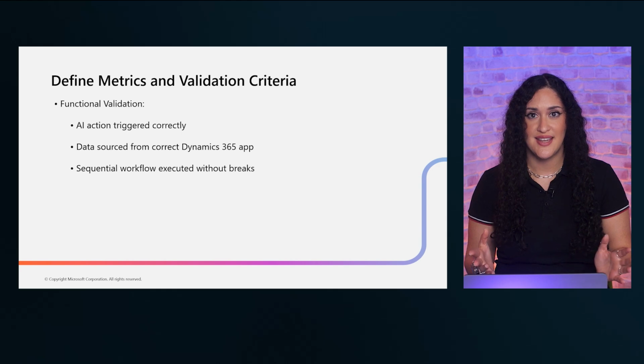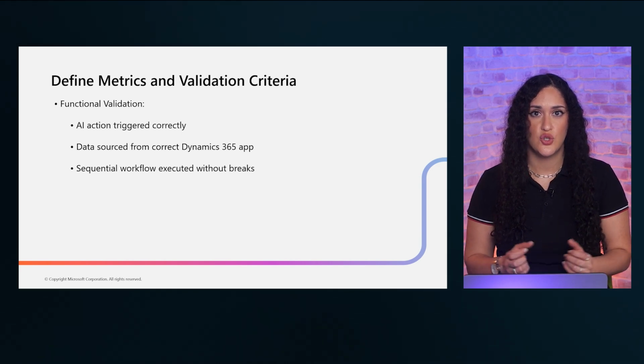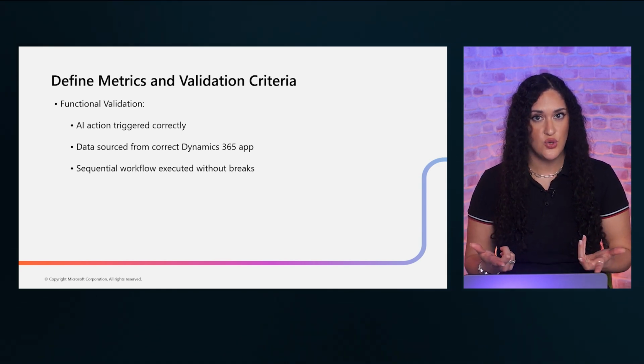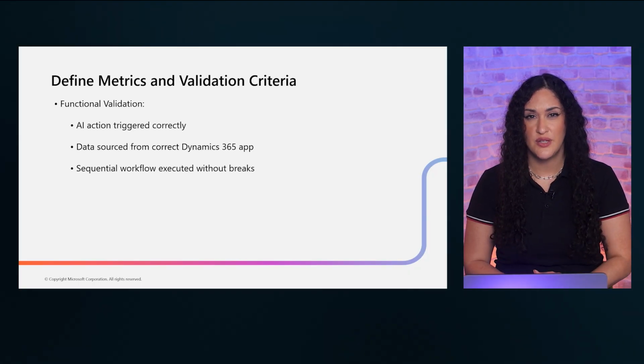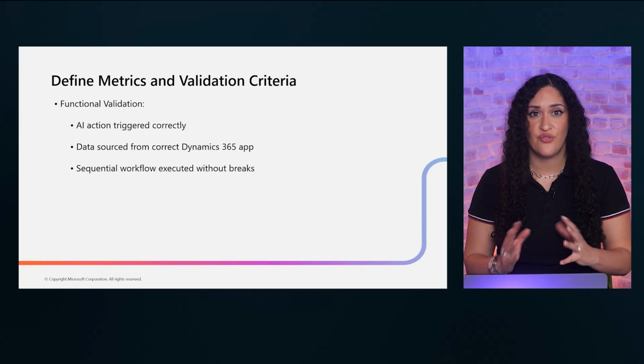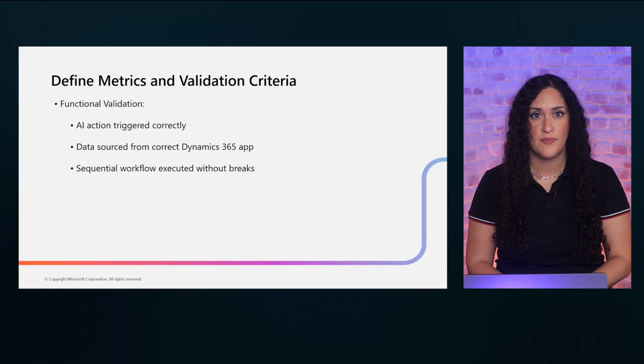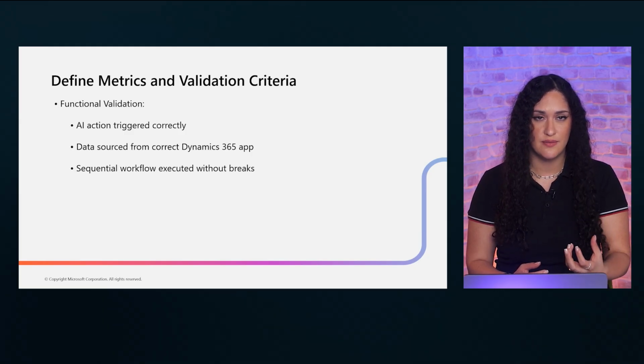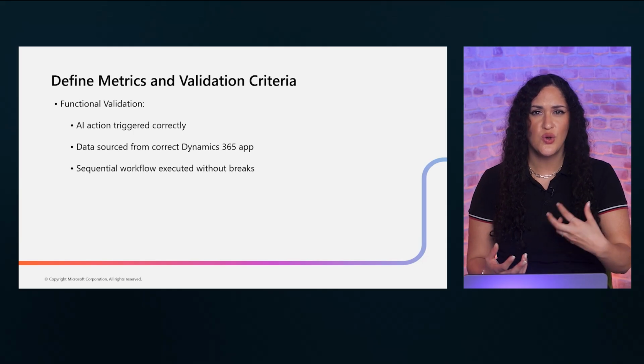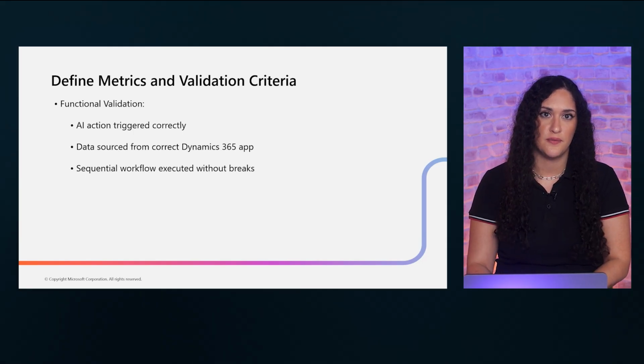Outcome validation assesses relevance of AI insights, scoring accuracy, summarization quality, and overall task completion improvements. The best practice is to define a pass-fail criteria for every validation category before you run the test. Ambiguous criteria produce ambiguous results, and ambiguous results don't give you confidence to deploy.